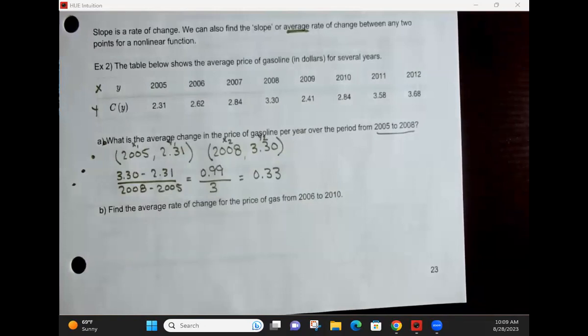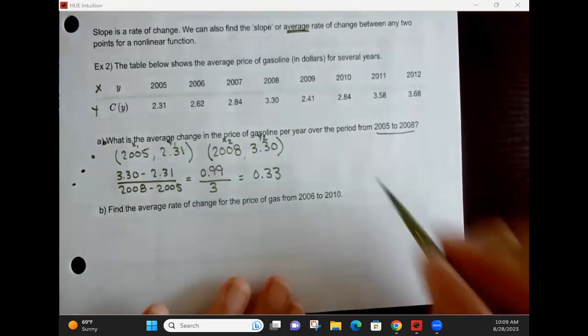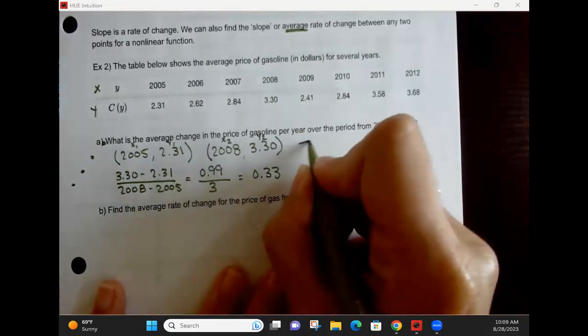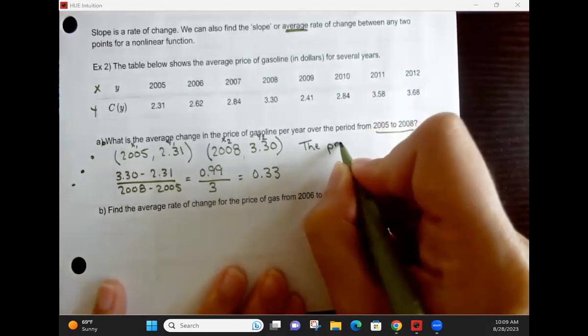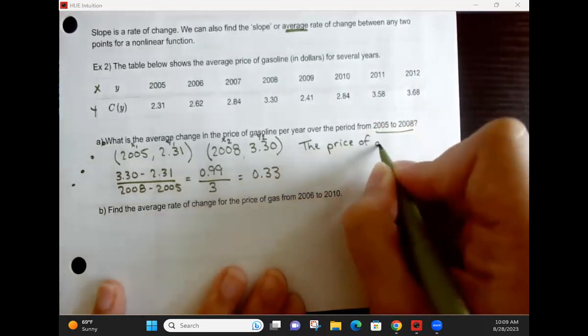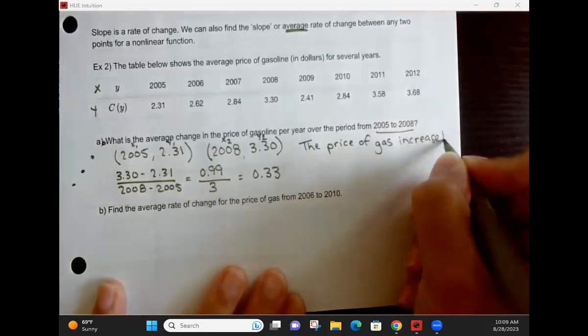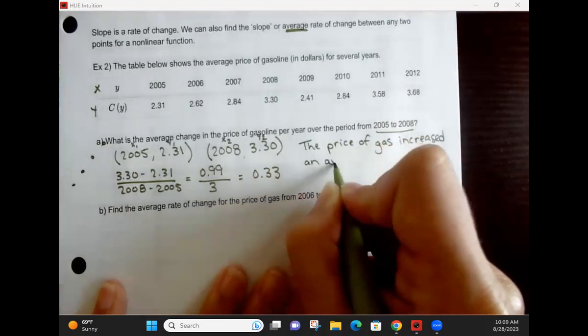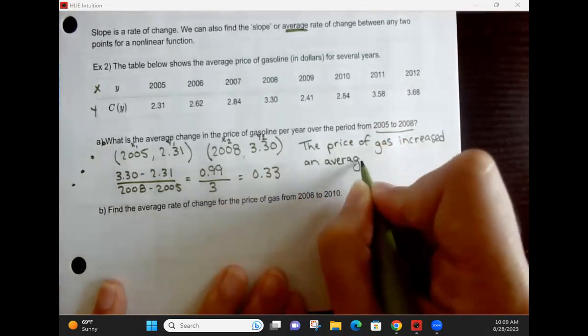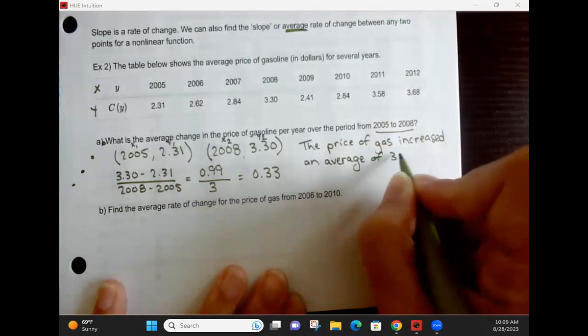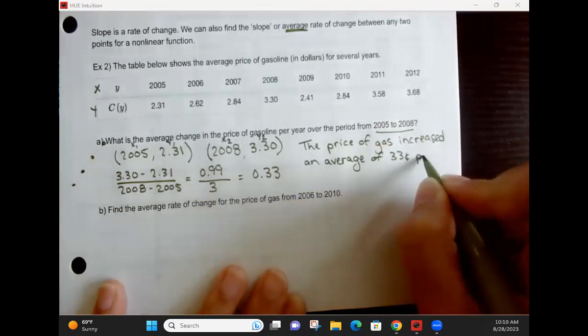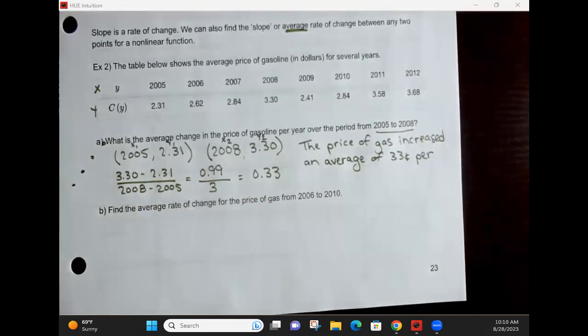Furthermore, remember this is an average. This isn't constant every year. So when I'm describing what this means, what I can say is that the price of gas increased an average of 33 cents per year, not 33 cents over that total time frame.